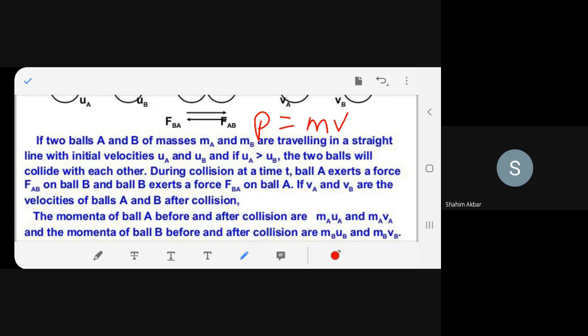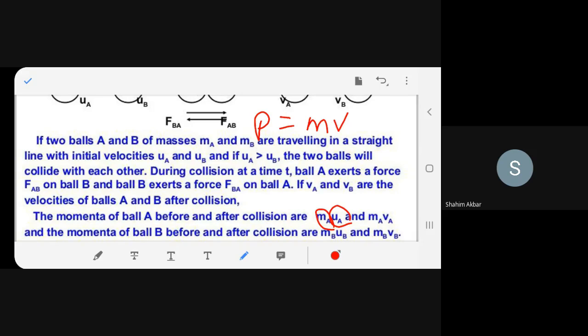So obviously the mass over here is MA for ball A. What is the velocity of the ball? UA. So MA into UA. So you got this? So this is for one ball, that is ball A.